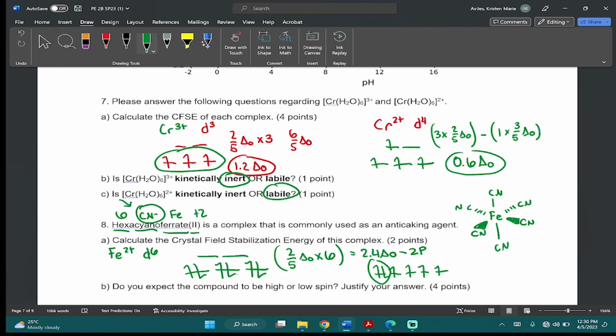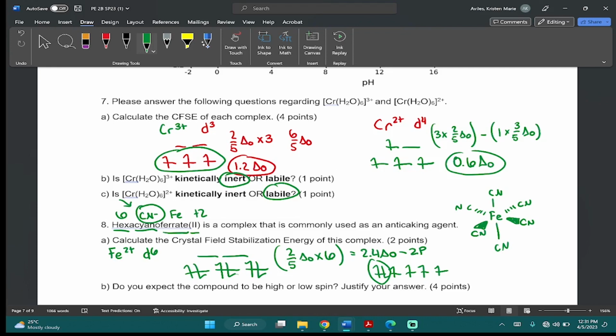It takes energy to pair up electrons. In class she had them both the same sign, so I don't think we would take off points. Also with CFSE, some people do it negative versus positive. I learned it opposite, I learned it negative, but as long as you're consistent, since we're doing positive in this class, we'll do positive.